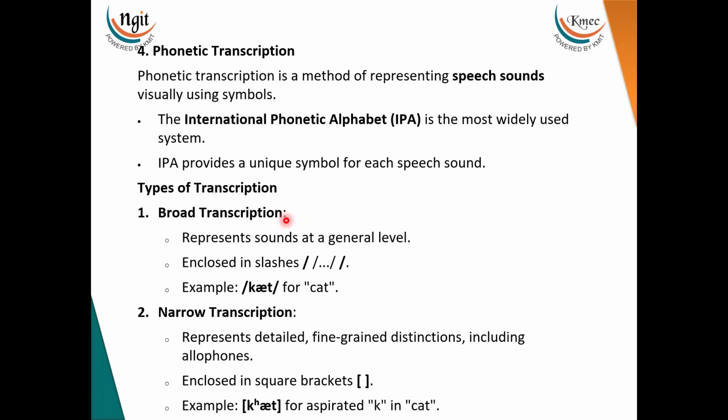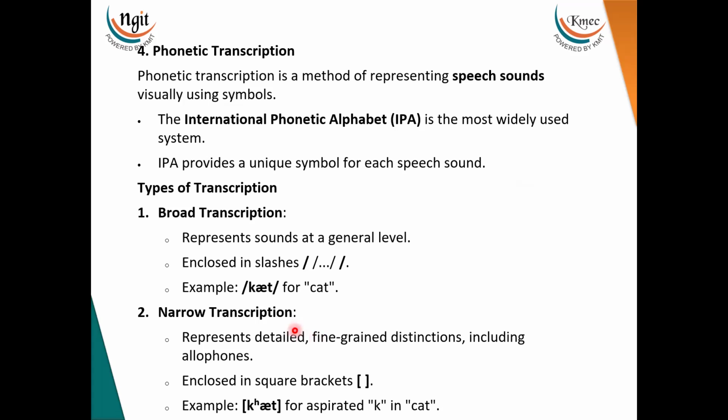Whereas narrow transcription is like having a detailed map which shows everything, the name of the city, major cities, streets, landmarks, everything. That means to say a precise one. So hope you got the point of what I'm trying to tell. Broad transcription refers to the general pronunciation of a particular word, whereas narrow transcription is a precise pronunciation.